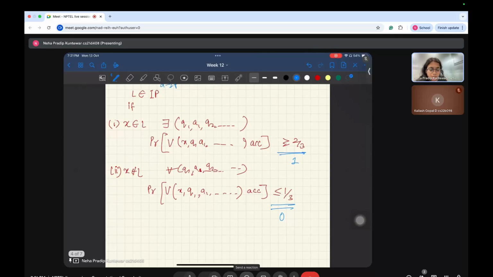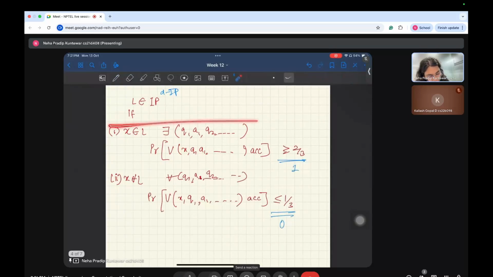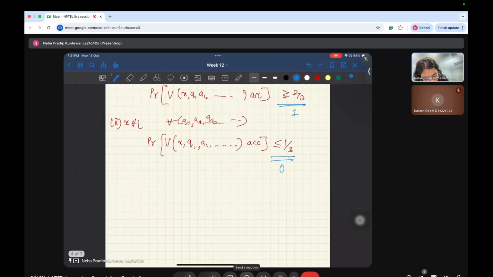A natural question at this point is that this part of the definition is very similar to one of the randomized complexity classes that you have already seen in the course, which is called BPP. So what is BPP?